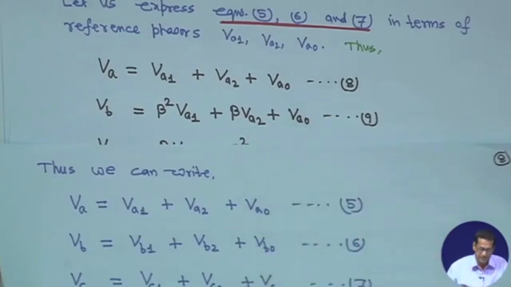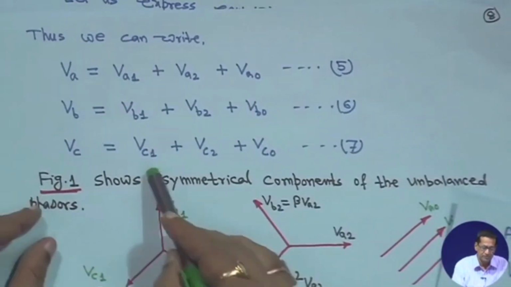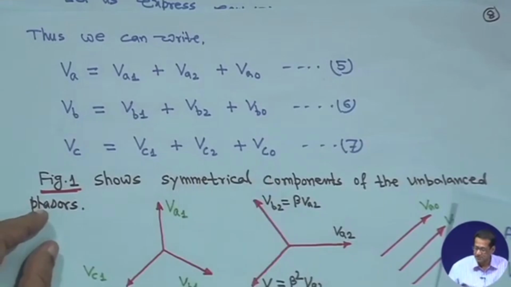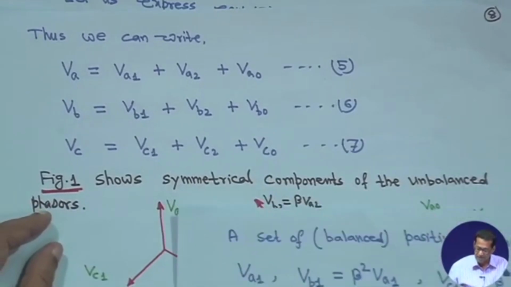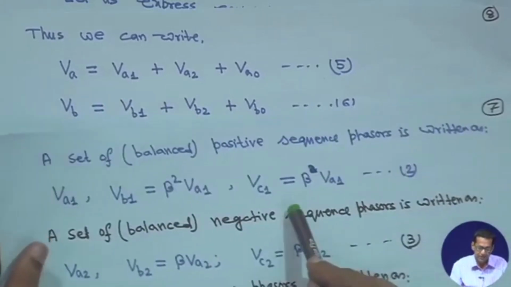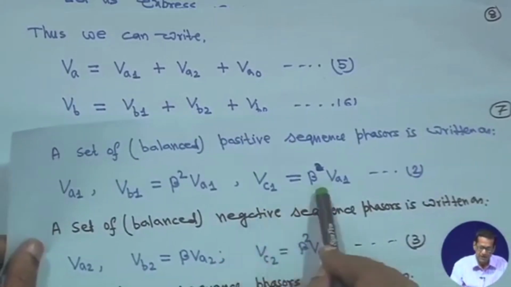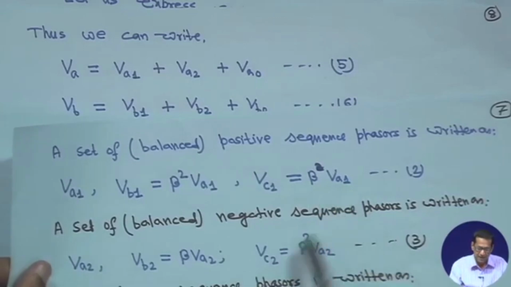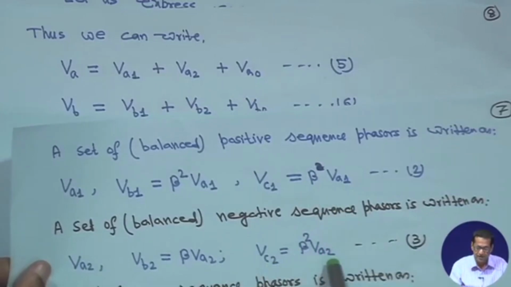So, this is Vb. Similarly, Vc is equal to Vc1 plus Vc2 plus Vc0, and in the same way, Vc1 is equal to beta Va1 and Vc2 is equal to beta square Va2.